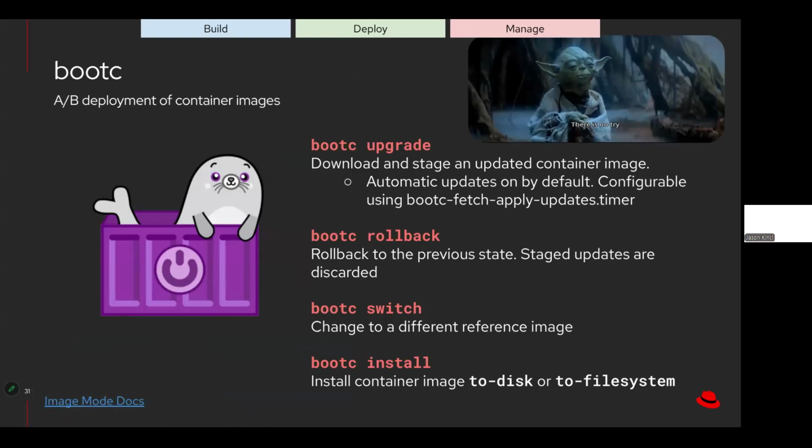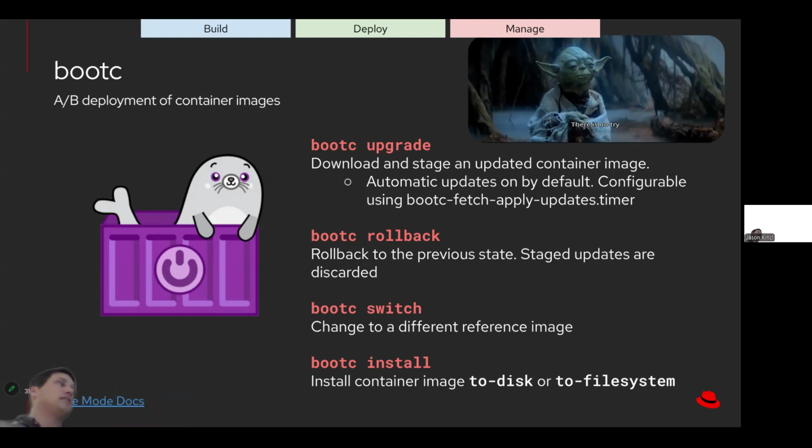Upgrade really just does a fetch of the current tag that you have defined and checks for any updated manifest. If it sees an updated manifest, it starts pulling that and can stage that for the next boot. Rollback goes back to the previous. Switch would be changing to a different container image, so you'd be pulling a new container image.